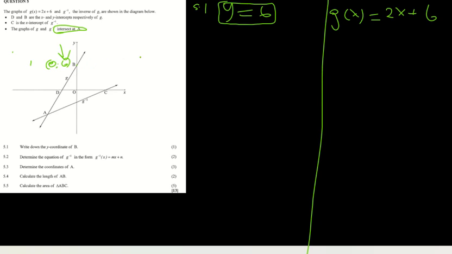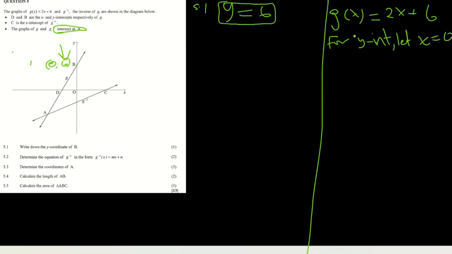This is the condition that you need to follow when you are looking for the y-intercept. For y-intercept, you let x be equal to 0.